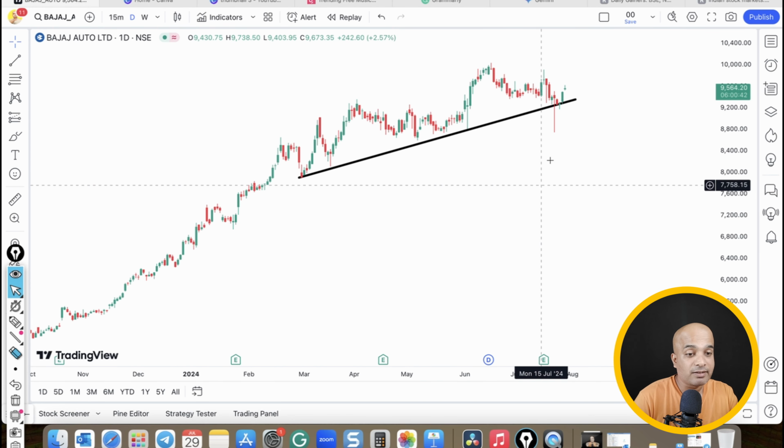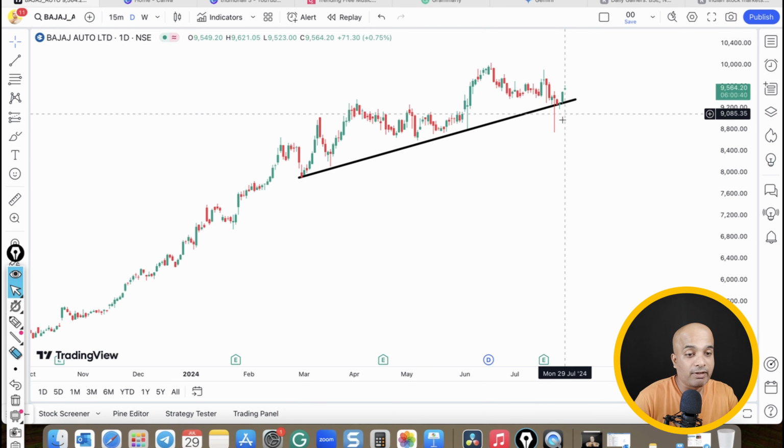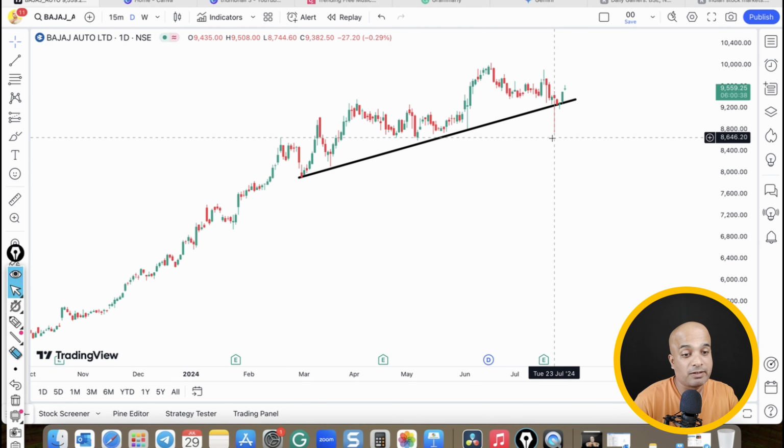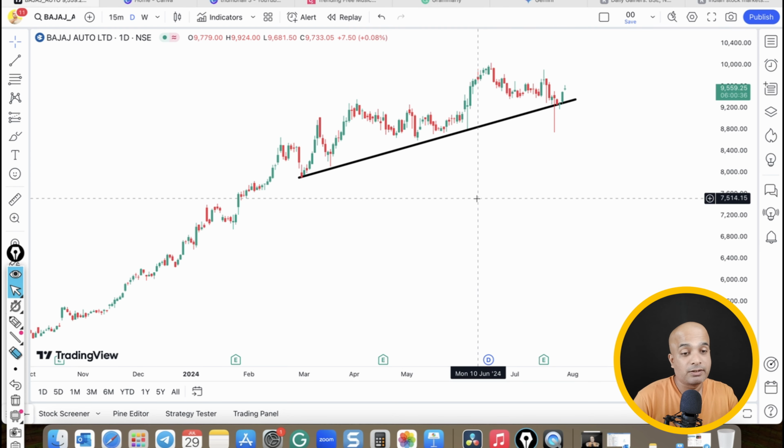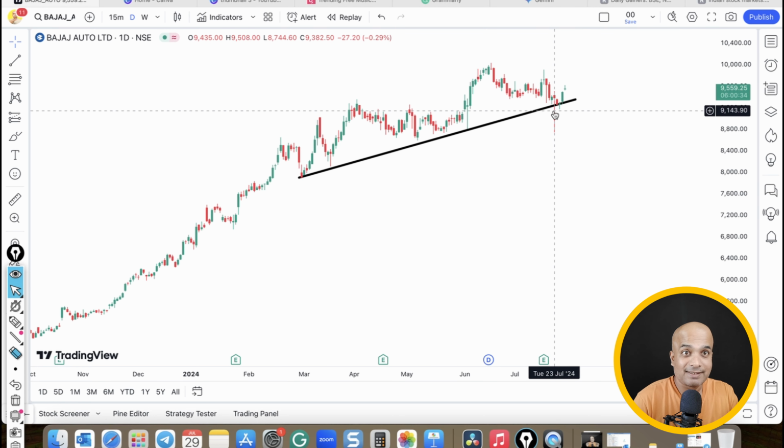And you might ask, Indra, there is a big selling wick, it has not respected the trend line. What do you say? See, friends, 1 wick is acceptable. One big wick like this in fact highlights the importance of the trend line. It says big buyers are waiting below this trend line. Just one day's activity, a big spike, is acceptable.